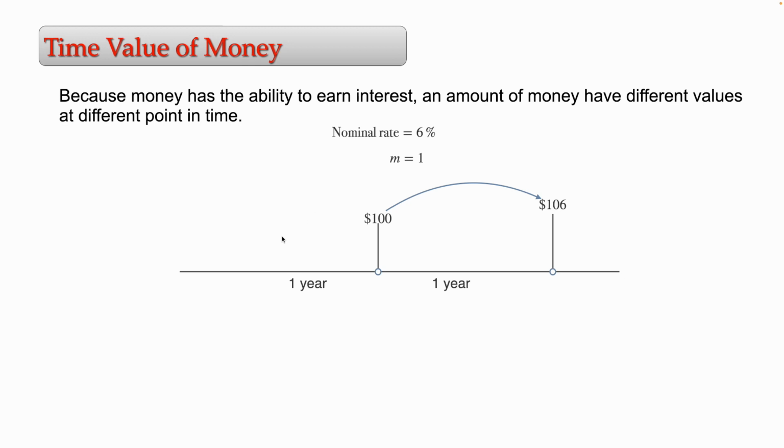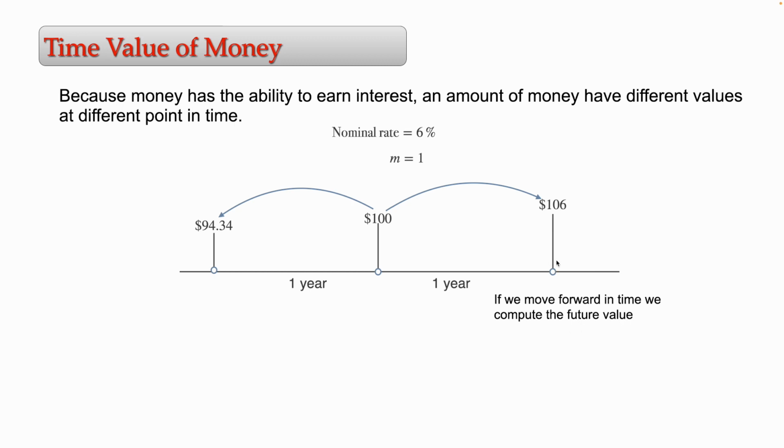If money is worth 6%, you will need to pay a lower amount on that date. So you compute the value of this 100 one year before, and that will give you a discounted amount of 94.34. So if we move forward in time, we compute the future value.